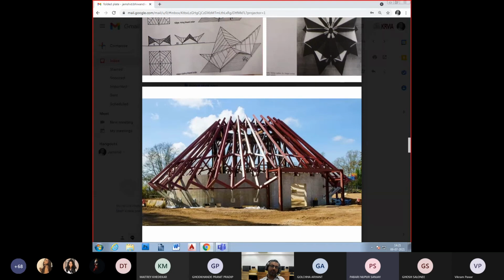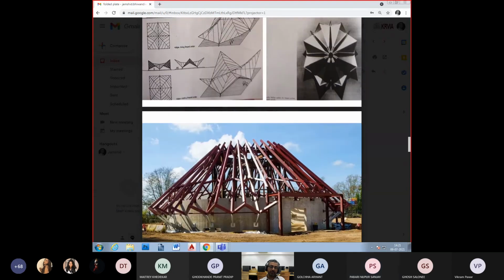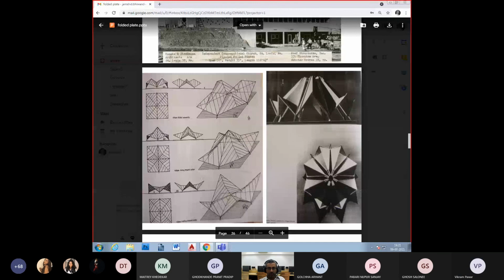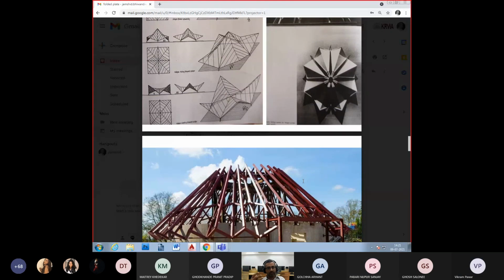First of all is the stability of the form. Please understand, all symmetrical forms, like the way you see here, are structurally stable because of the way they sit together.